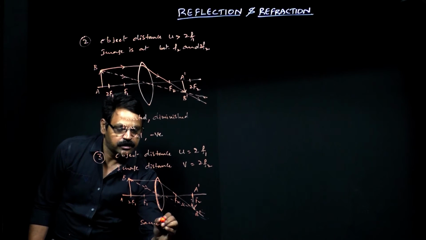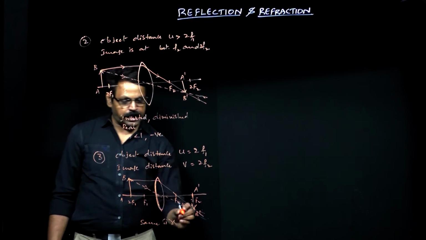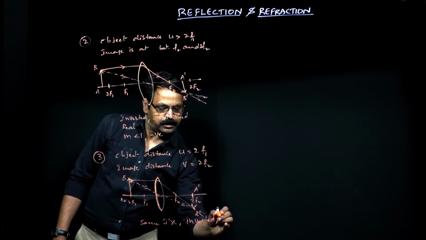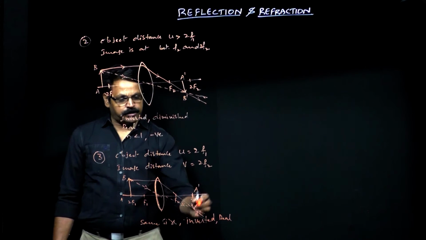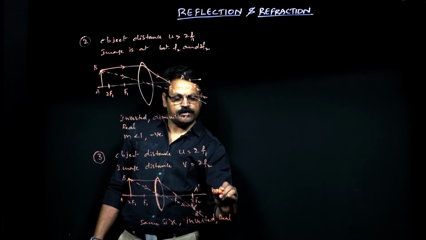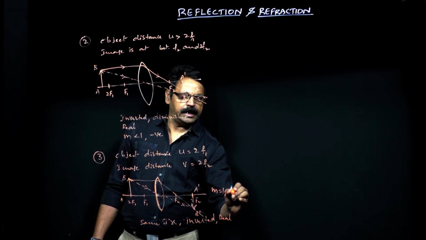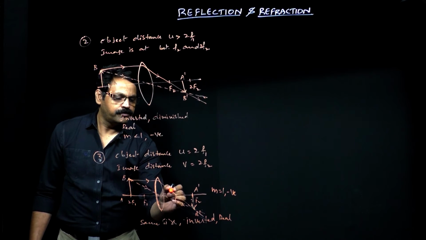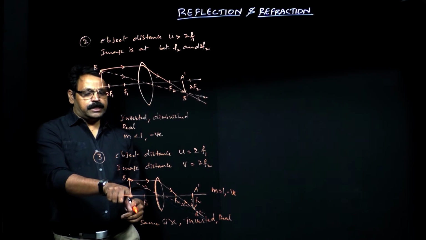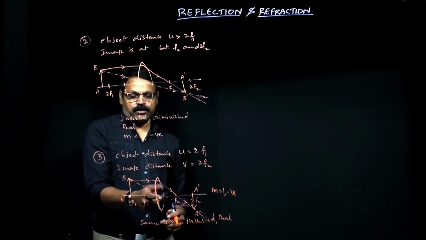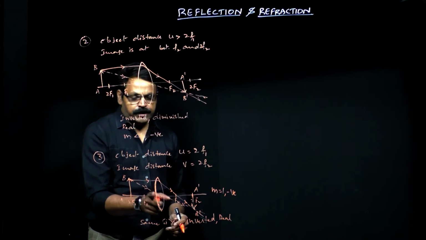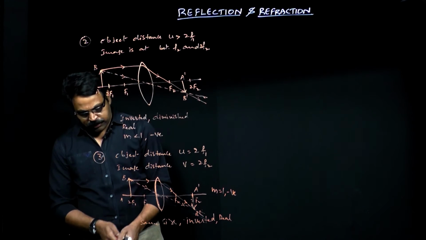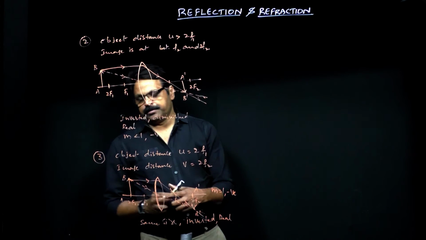The properties are same size, inverted, real, and magnification is 1 and negative. This is the ray diagram when the object is at the center of curvature of the first lens and the image is formed at the center of curvature of the second lens, just similar to the spherical mirrors we have seen.